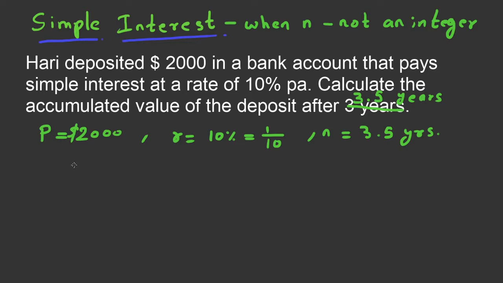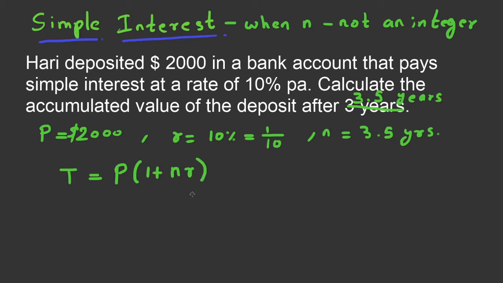For a simple interest case, if n is not an integer, interest is calculated on a pro rata basis. That is, the equation for the accumulated value, T is equal to P into 1 plus NR, still applies.